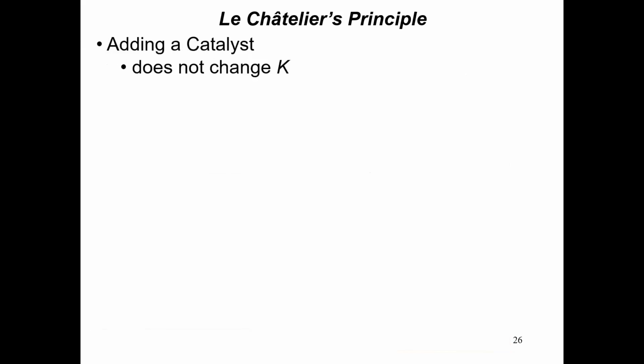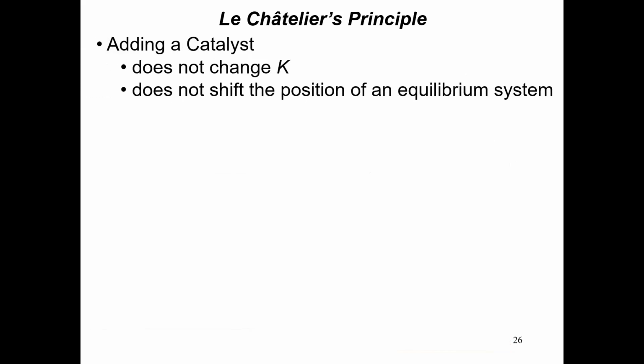Now, adding a catalyst does not change the equilibrium. The reason for that, if you remember the curve, is that if you have an activation energy like this, the catalyst makes a different pathway for it. This is with a catalyst.